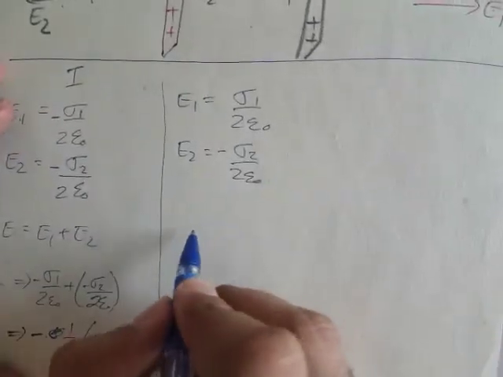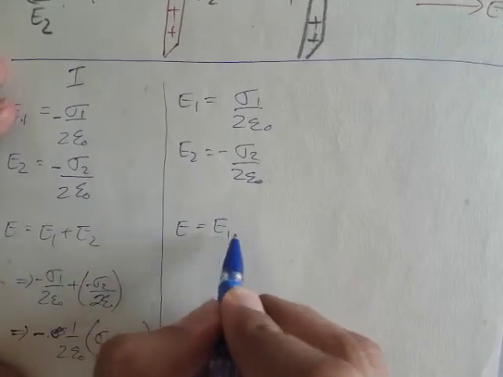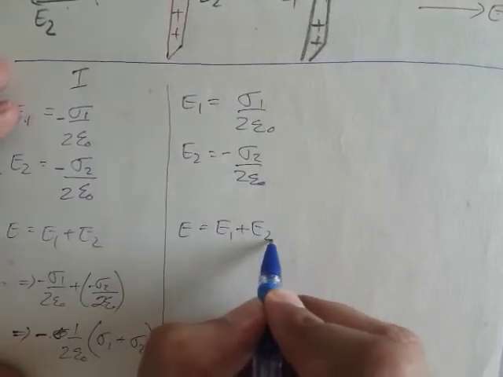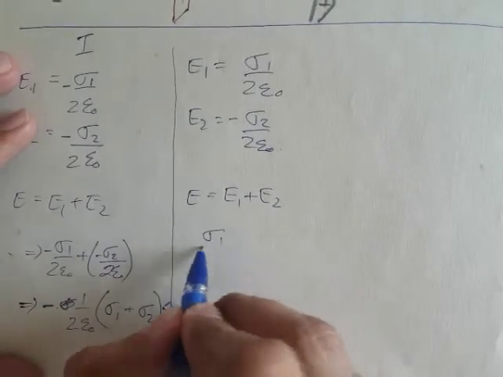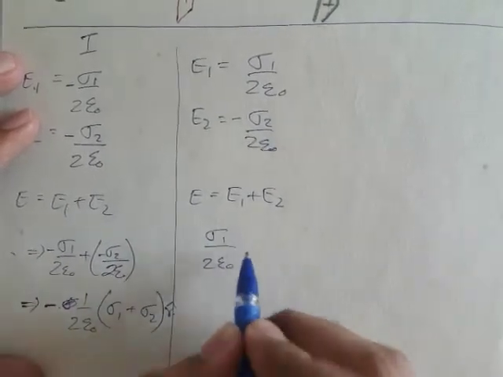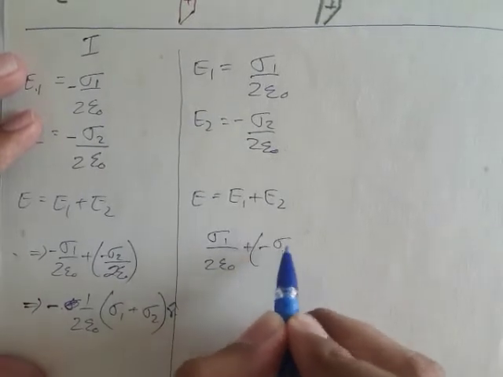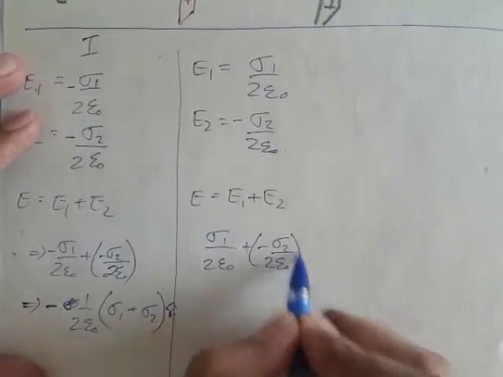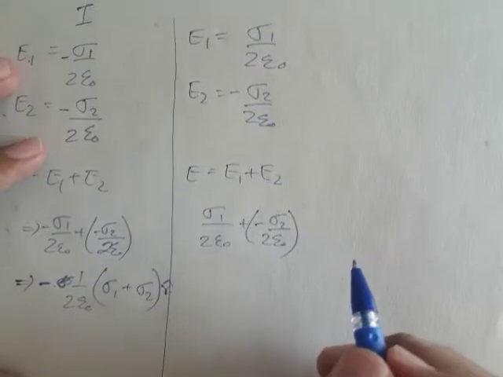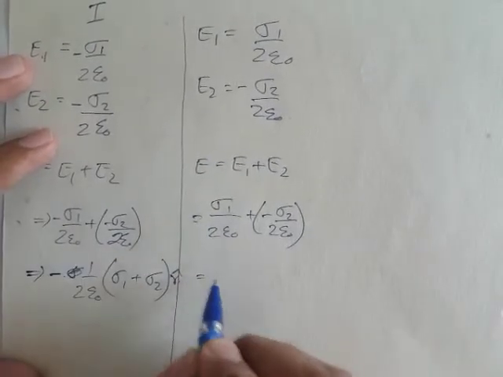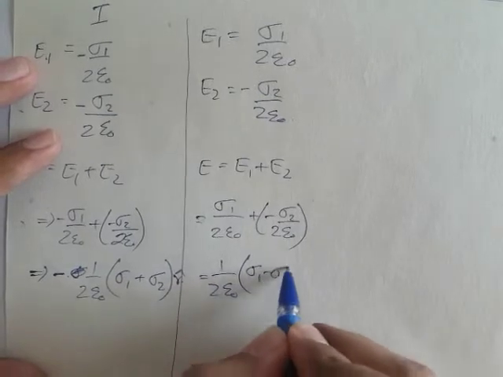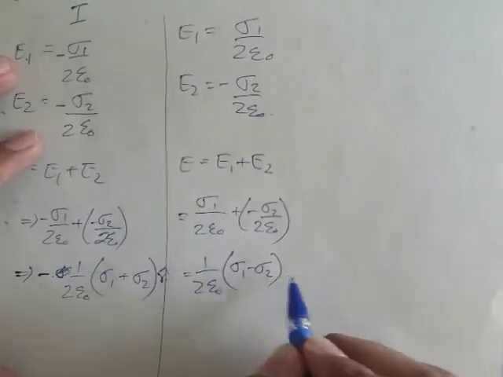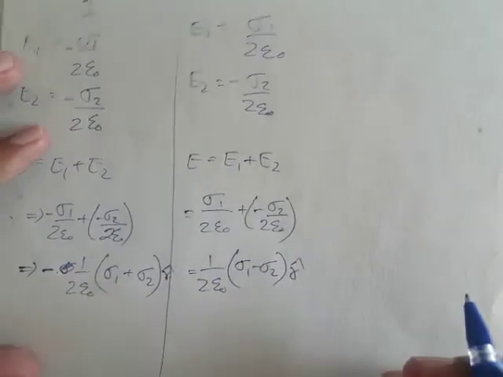With the superposition principle, E equals E1 plus E2, that is sigma 1 upon 2 epsilon naught plus minus sigma 2 upon 2 epsilon naught. Taking the common factor, we get 1 upon 2 epsilon naught times sigma 1 minus sigma 2, and the direction is in r direction.